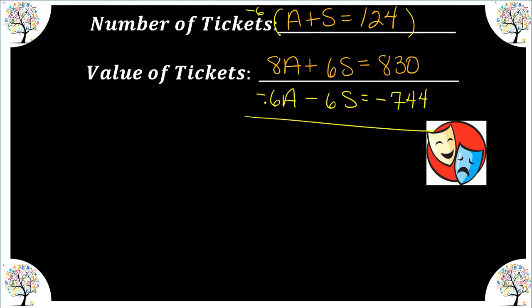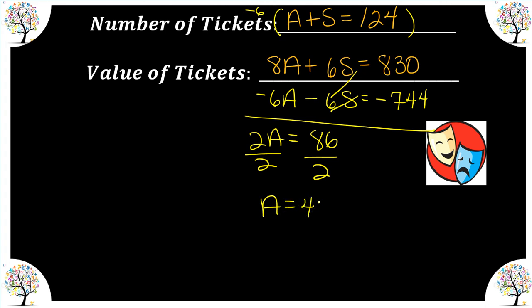We're going to add these together. This gives us 2a equals 86. The s's are eliminated. Divide by 2. And the adult tickets, they sold 43 adult tickets.